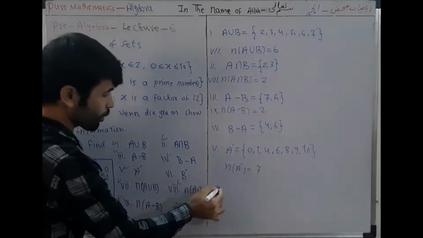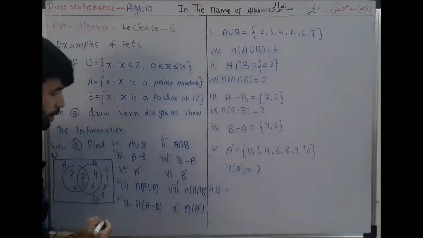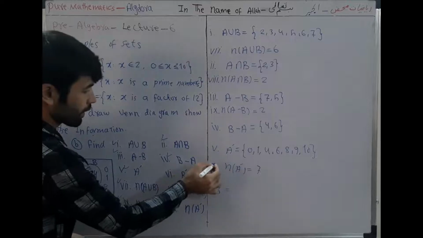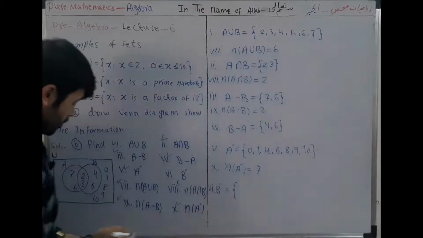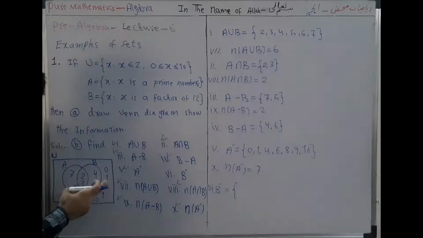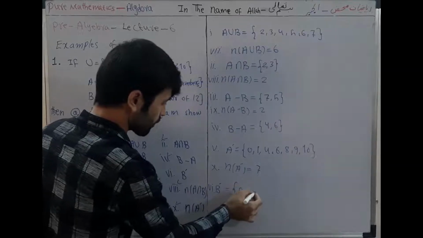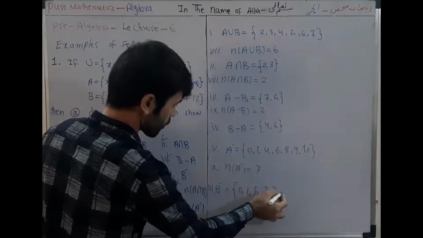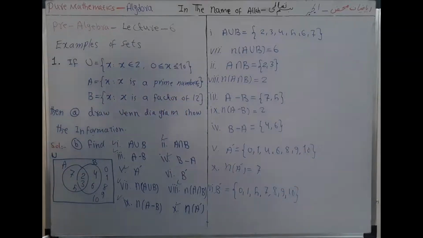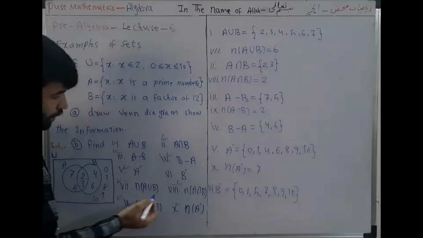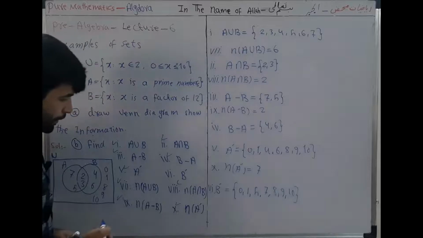Number 6, B complement. B complement is equal to {0, 5, 7, 8, 9, 10}. n of B complement is 6.